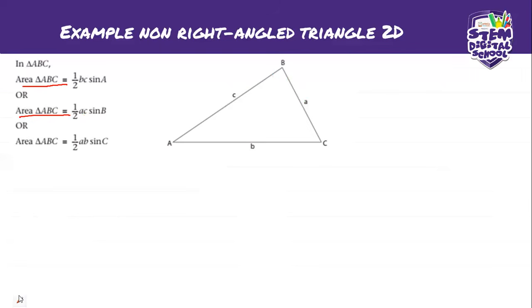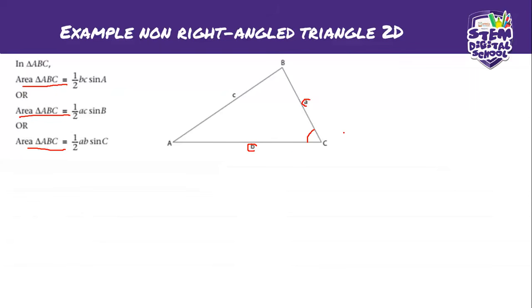Now let's move to the next, which is the last one. This one, area equals 1/2 ab sine angle C. You can see it says small letter a, small letter b, sine angle C. In this case, you will be having this angle C here. You must also have this side a, and this side b.